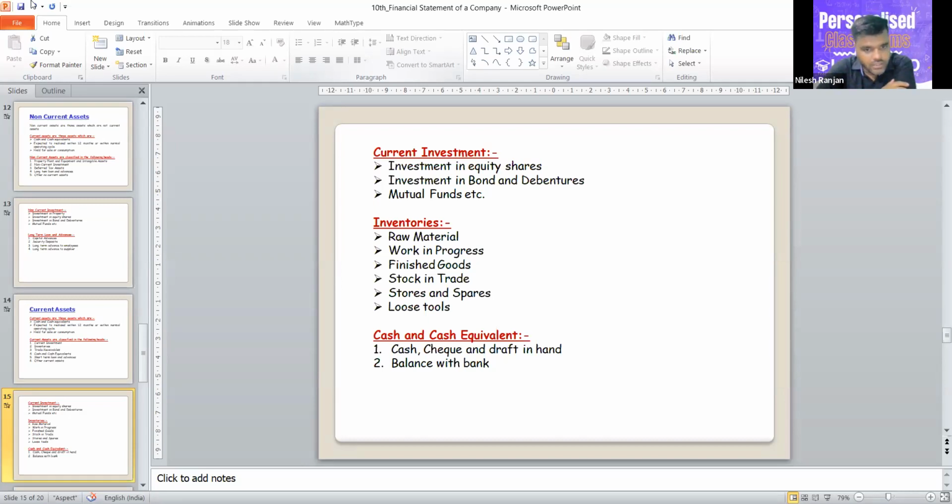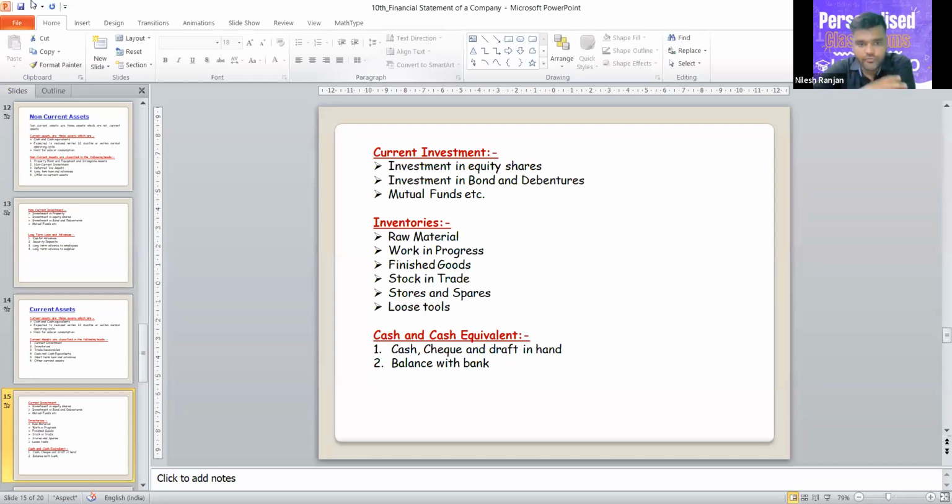Like in any trading business, wholesaler or retailer, not manufacturer, we purchase some product and sell it as it is. Like hair oil and beauty products, fairness cream, they are purchased and sold as they are.